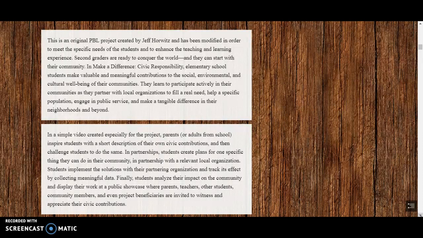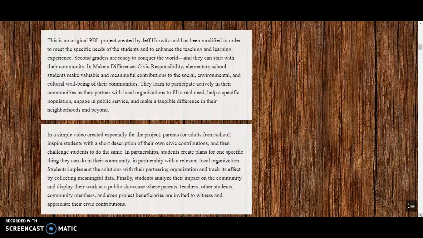In the Make a Difference Civic Responsibility project, elementary school students make a valuable and meaningful contribution to the social, environmental, cultural well-being of their communities. They learn to participate actively in their communities as they partner with local organizations to fill a real need, help a specific population, engage in public service, and make a tangible difference in their neighborhoods and beyond.